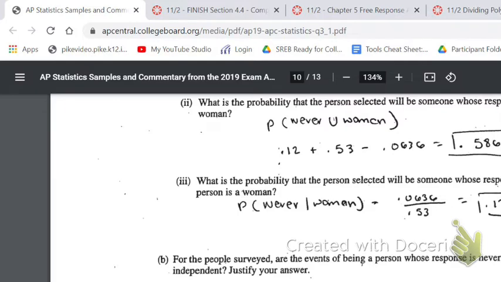In part B, they went ahead and they were able to answer the question that they were relying on to answer the first part. They showed that these two things were independent. How did they know? How did they know that these two things had to be independent?